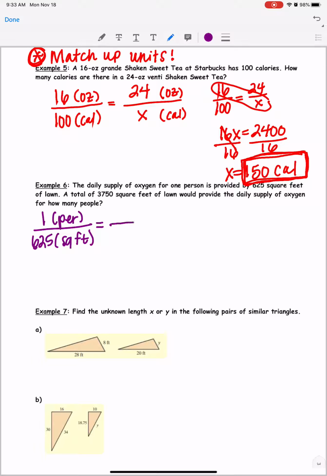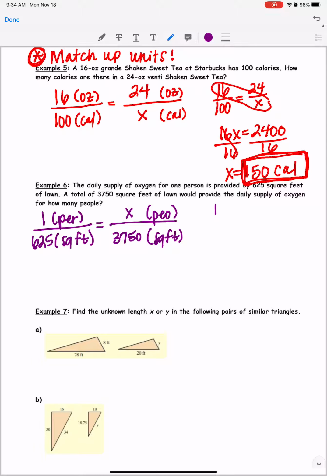So when I write this next proportion, I need people over square feet. So it says a total of 3750 square feet, so that goes down here with my square feet of lawn should provide the daily supply of oxygen for how many people? That's my x.